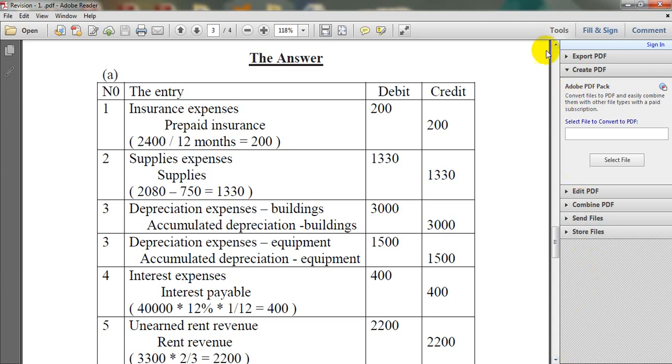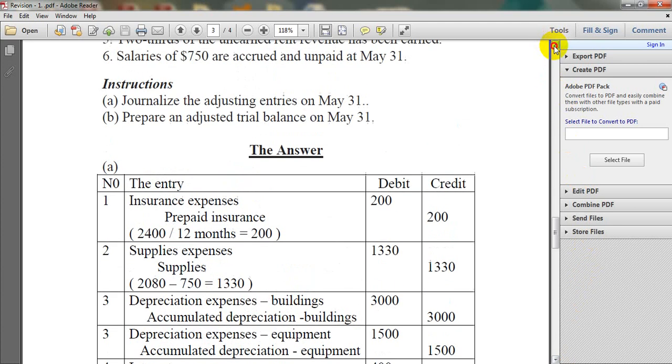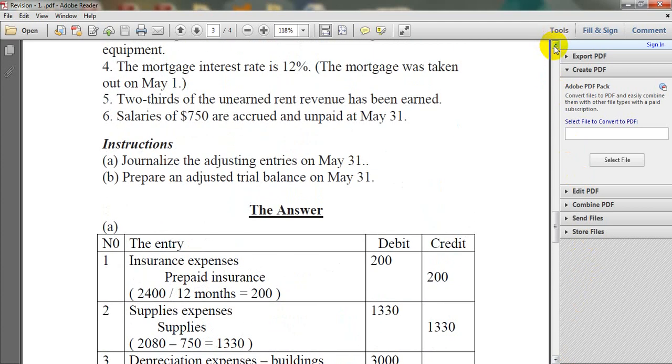The next transaction number 4, the mortgage interest rate is 12% and was taken out on May 1.